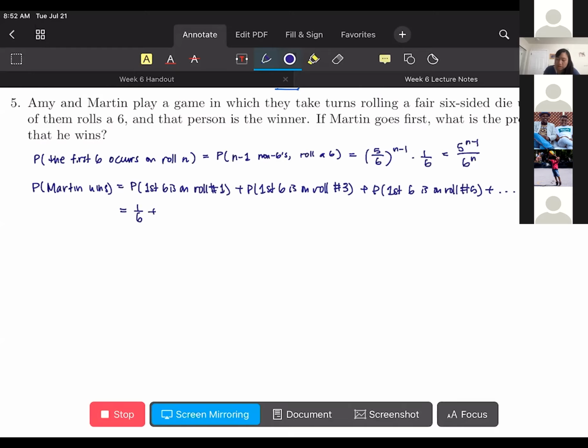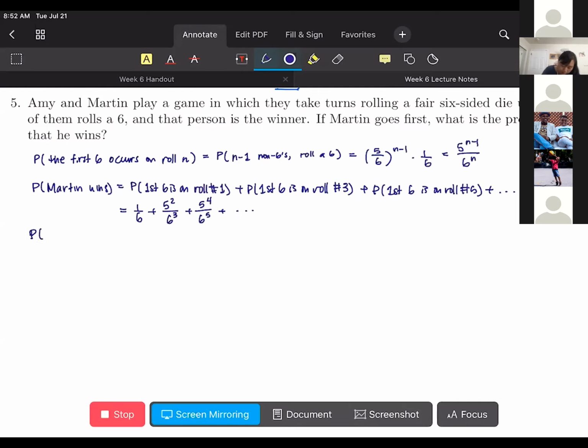The probability that the first 6 is on roll number 3 means we have to first roll 2 non-6s and then a 6, so this is 5 squared over 6 cubed. Similarly, the probability that the first 6 is on roll 5 means we have to first roll 4 non-6s and then roll a 6, so that's 5 to the 4th over 6 to the 5th, and so on.